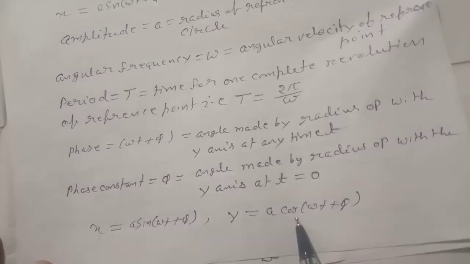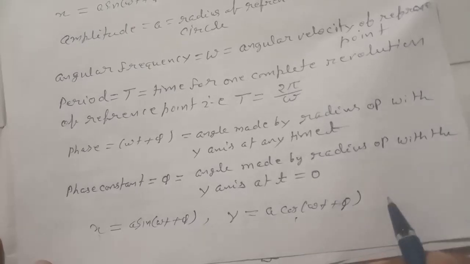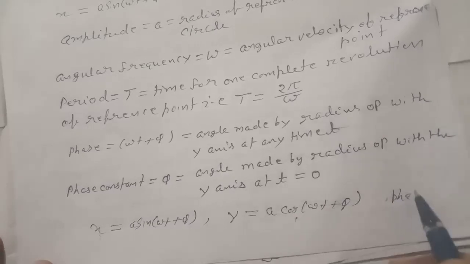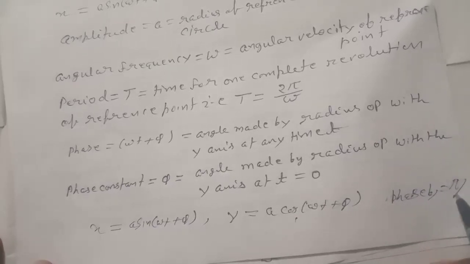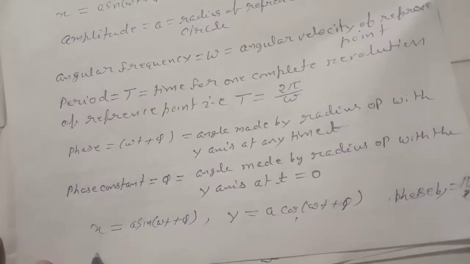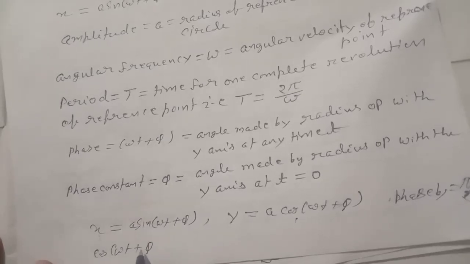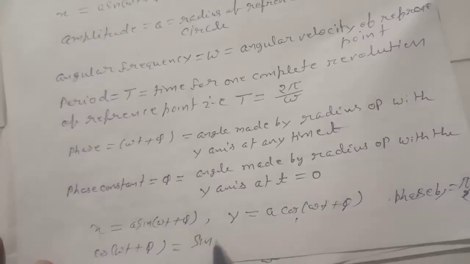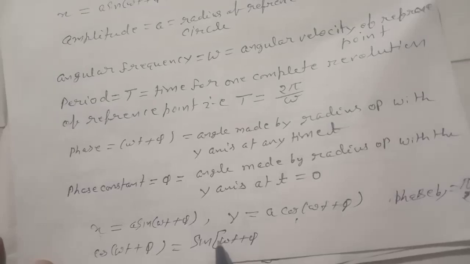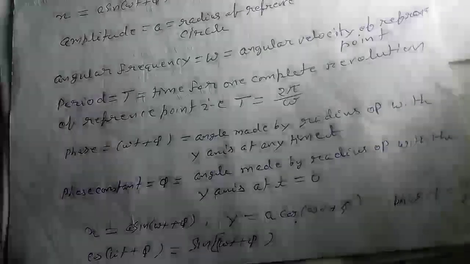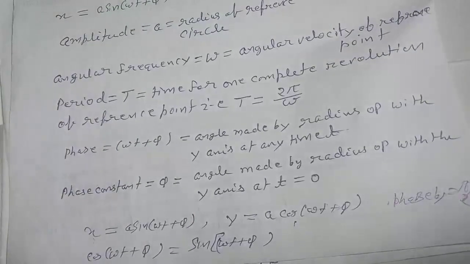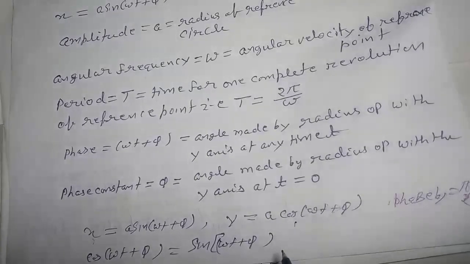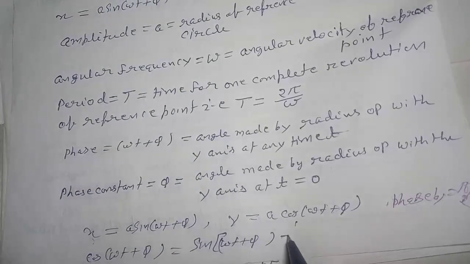This is again a simple harmonic motion of the same amplitude and period, but differing in phase by pi by 2, because we know that cos omega t plus phi equals sine of omega t plus phi minus pi by 2.